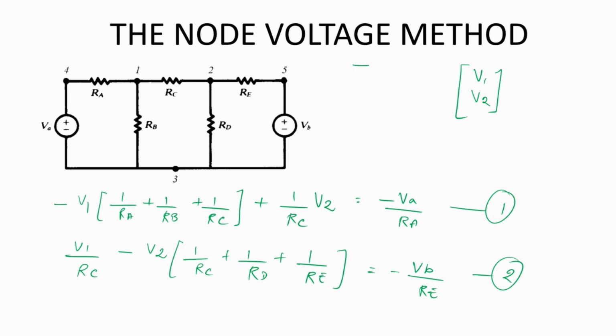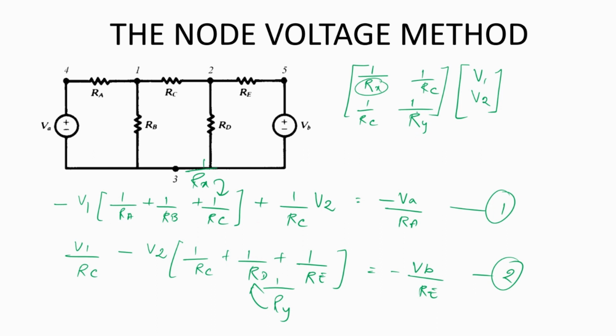And here we have a matrix which consists of the reciprocal of some resistances and 1 by RC. Let me call this entire thing in the bracket RX, so this one is 1 by RX, and 1 by RY.